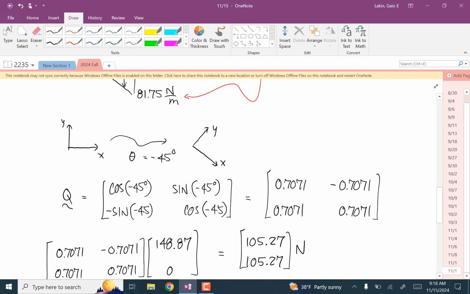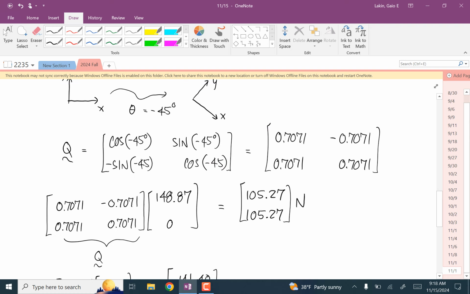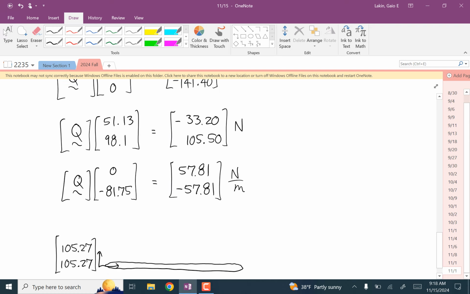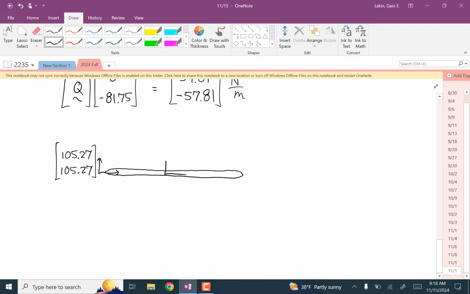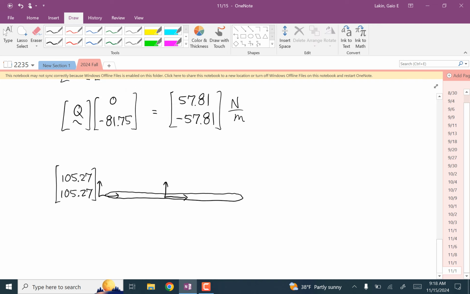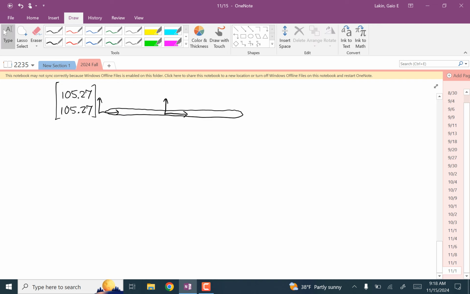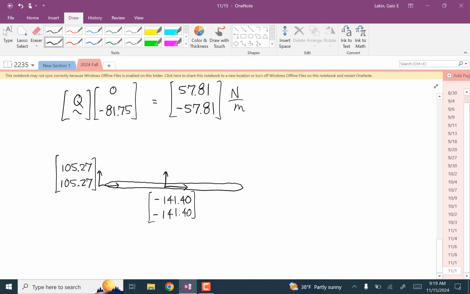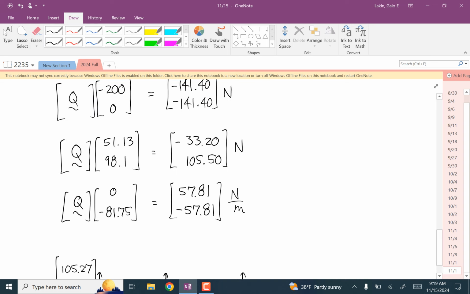Then at the middle, we have a force of negative 141.40, negative 141.40. And then over here, it's actually 4.2, but okay. I led you astray.